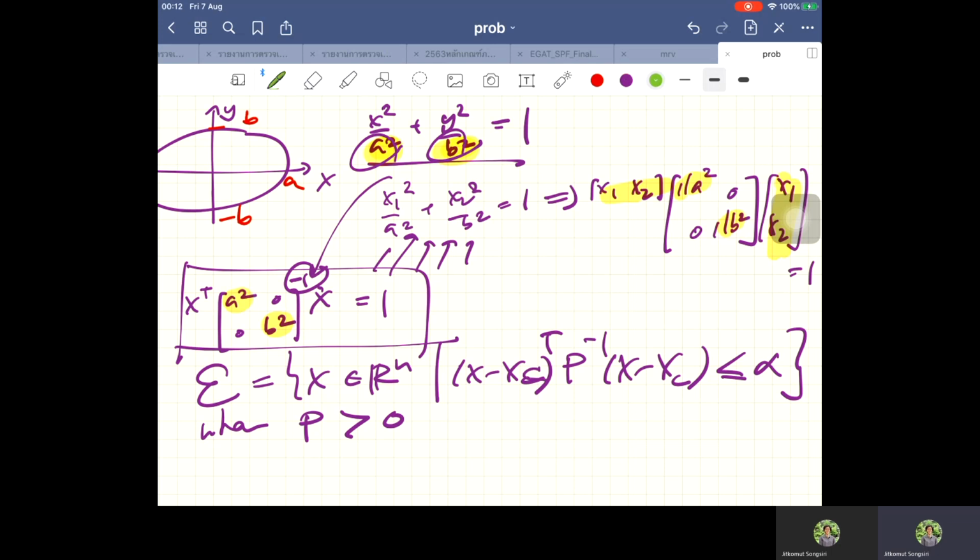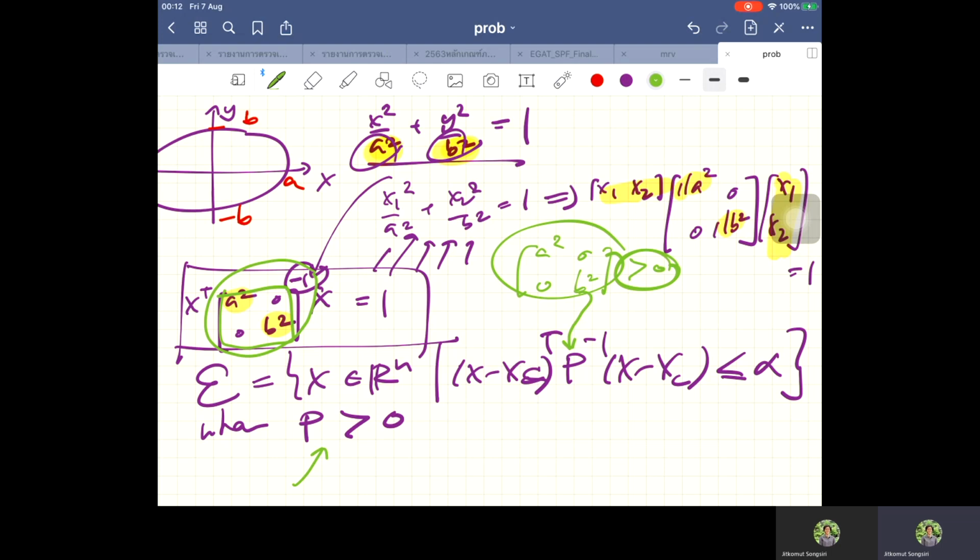Originally, in the simple case, this is a 2 by 2 matrix. And the reason why it is a square and b square is so that this matrix is positive semi-definite. Now we extend it into n by n. The positive property here is actually the condition on P. P has to be symmetric.